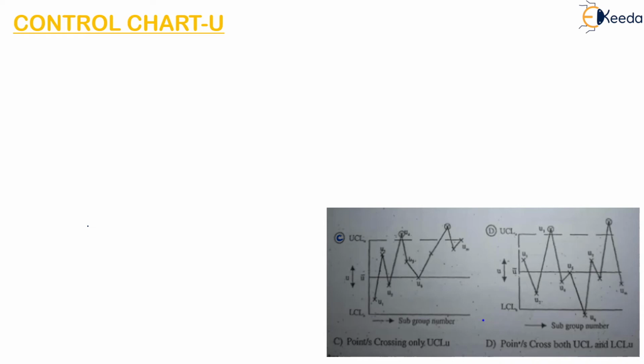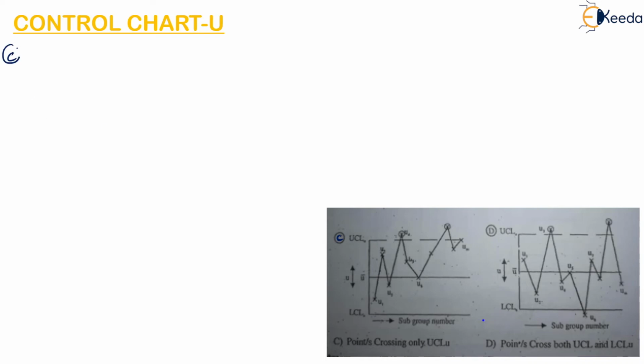So if there are points which are going above the upper control limit, it will indicate assignable causes of variation in the process and this process is not under control. So in such situation, the U value should be homogenized as described to find the revised or recommended process average, that is U bar, and control limits for future.